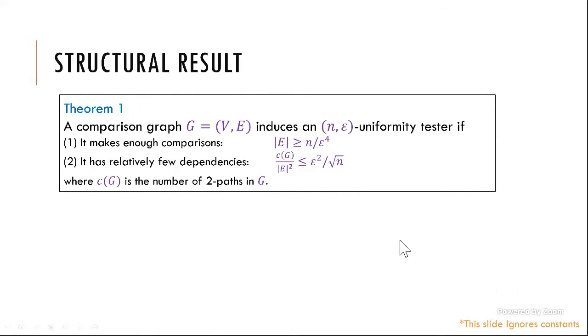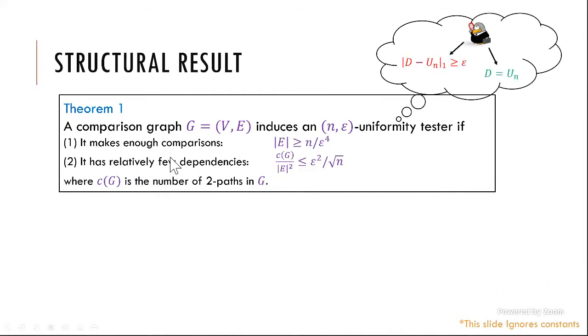A comparison graph induces a good n-epsilon uniformity tester if two conditions hold. And let me just remind you that an n-epsilon uniformity tester distinguishes between the case that we're uniform over the entire domain of size n and the case that we're epsilon-far in L1 distance.